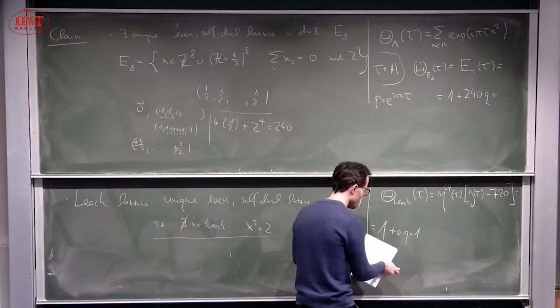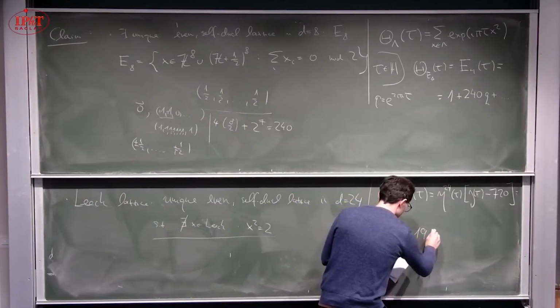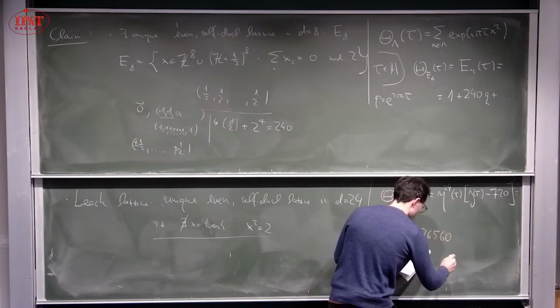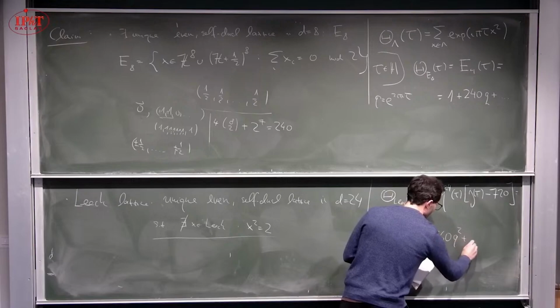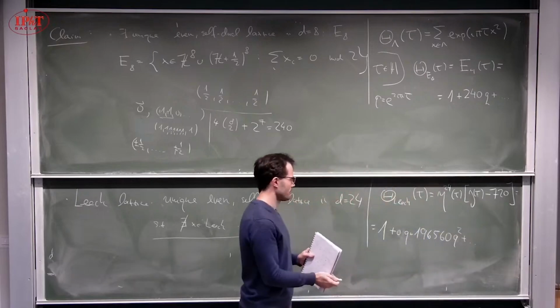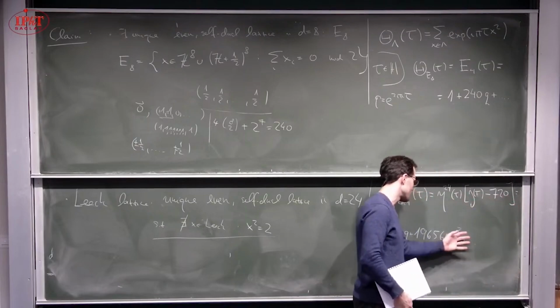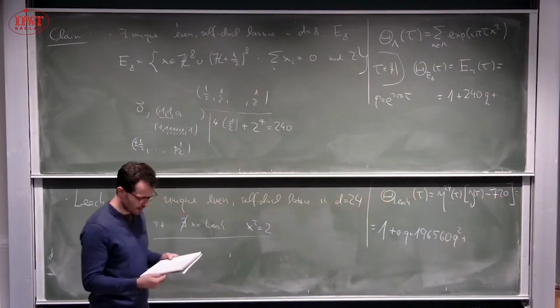But there are many vectors of length squared 4, and there are precisely 196560 of them. So if you have some software, you can expand this modular form to higher powers of q and see how many there are for higher lengths.